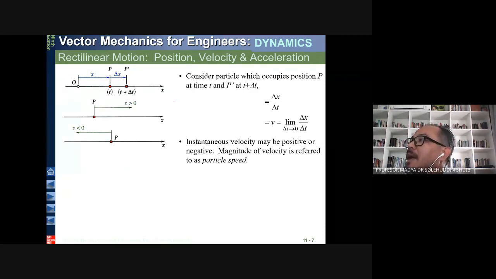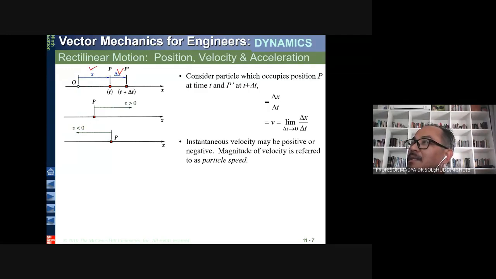What this slide shows is basically how we do the derivation. Consider a particle moving from one location to another, P to P prime. We have here x, and this is delta x.